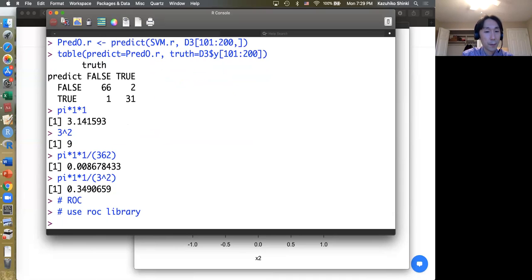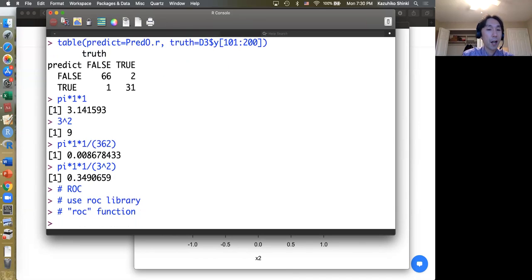If you want to use the ROC curve, at first you can Google the ROC library and the ROC function in the ROC library. Then it works pretty well.